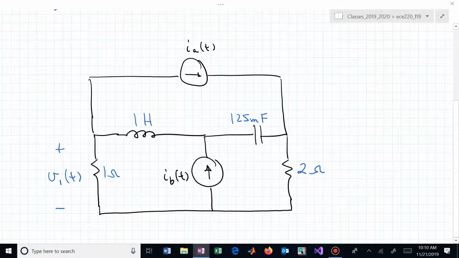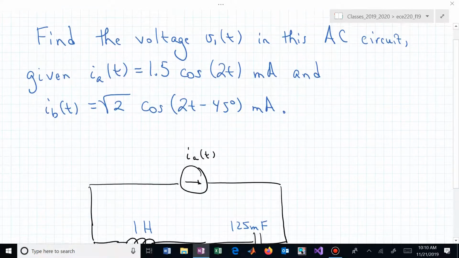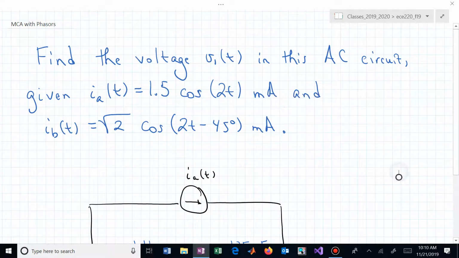We're trying to find what's the voltage across that 1 ohm resistor on the lower left in this circuit with the appropriate current sources in play. 1.5 cosine of 2t milliamps and square root of 2 cosine of 2t minus 45 degrees milliamps.